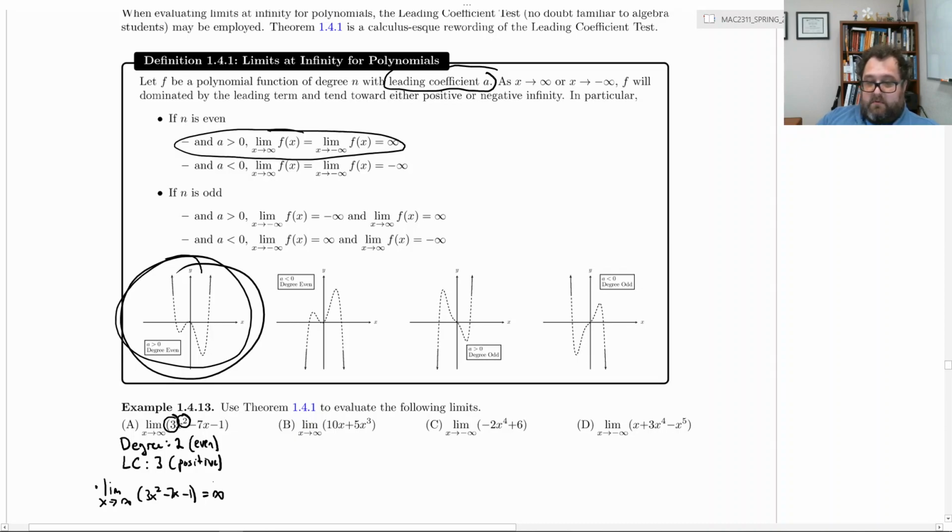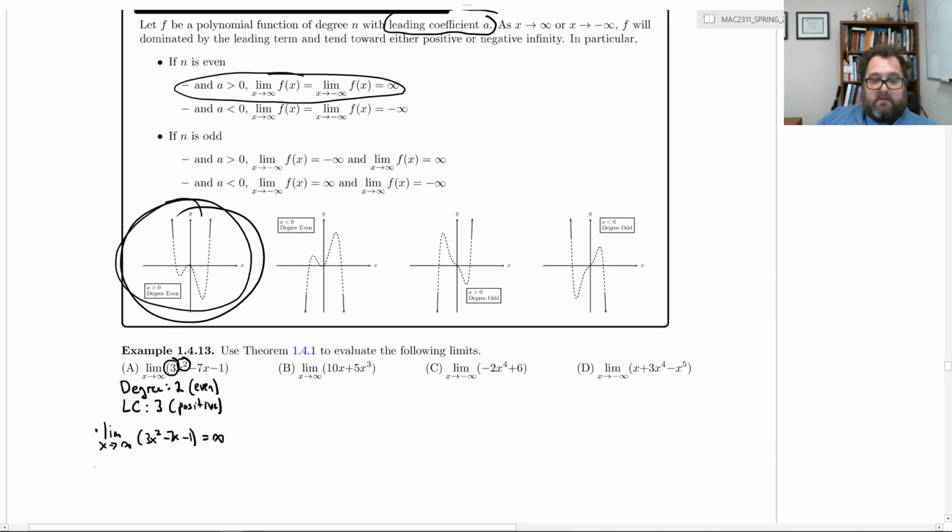And also the limit as x goes to negative infinity of 3x squared minus 7x minus 1 is also equal to infinity, because we basically have a U-shape.